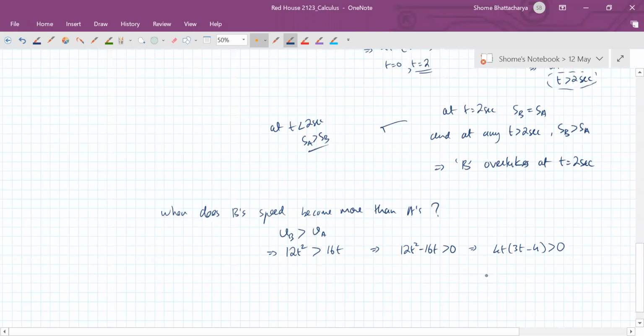So we can see that this is precisely the moment at which B's speed becomes more than A's speed.